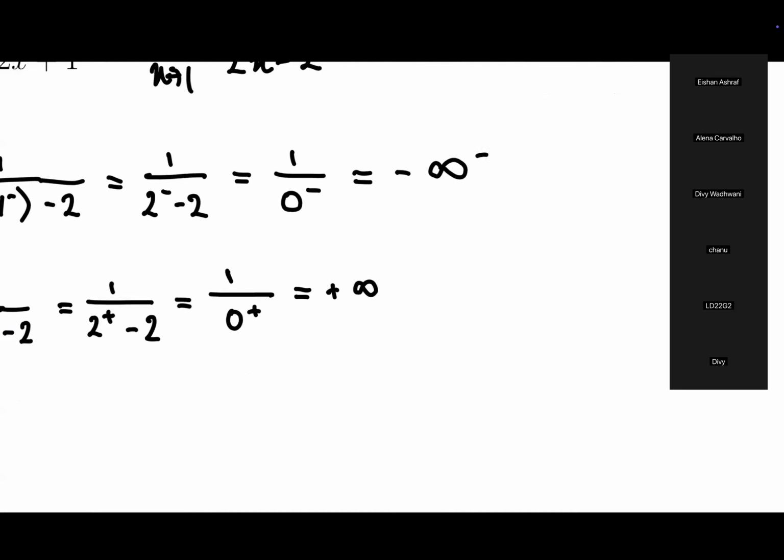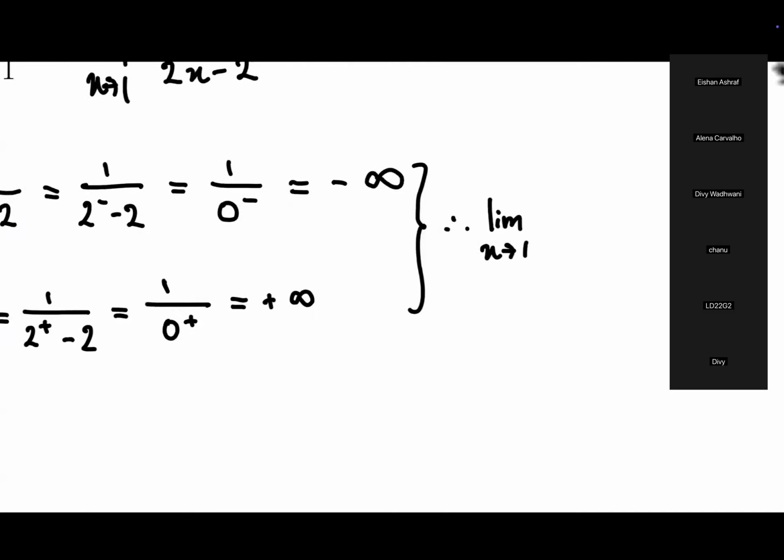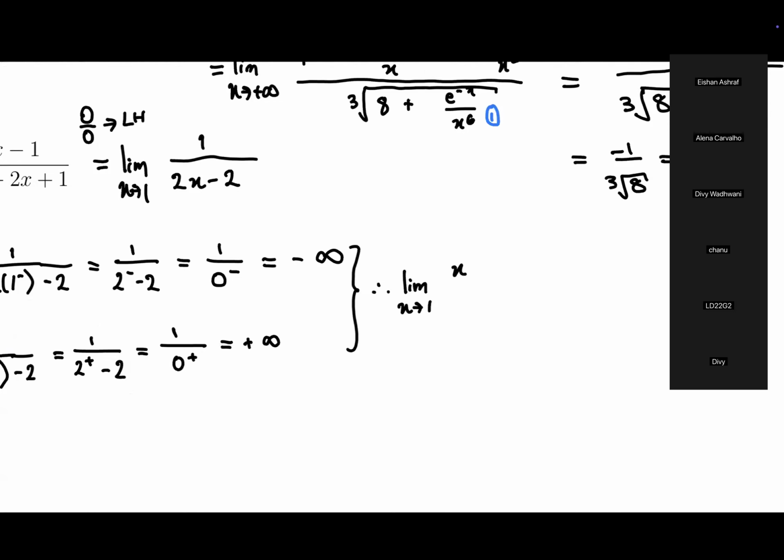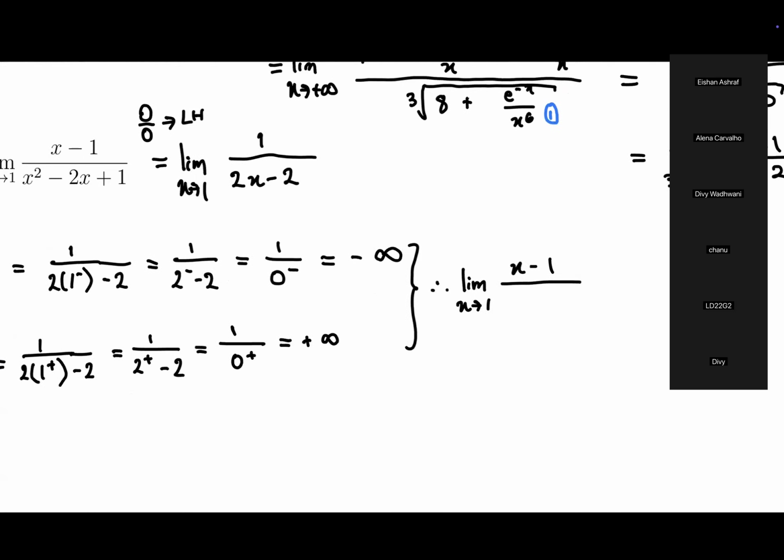So what we've seen here is that the left and right-hand side limits do not equal each other. We can conclude that the limit as x approaches 1 of the original term, x minus 1 over x squared minus 2x plus 1, does not exist.